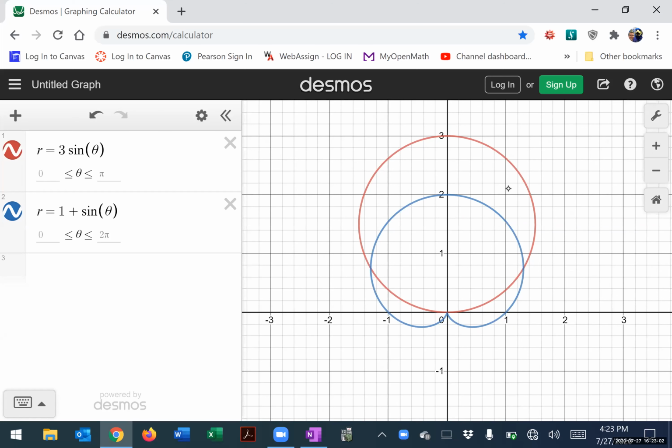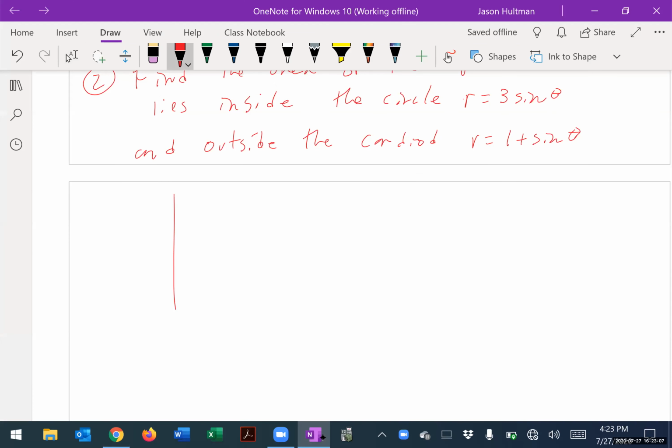Again, I wish I could draw on this, but maybe I'll just sketch this out real quick. We had our circle here, and then we had our cardioid like so. And so what's the area we're wanting? We're wanting this area here. So what I have to do is find the angle of intersection.